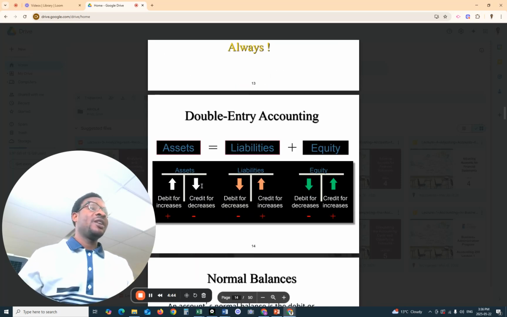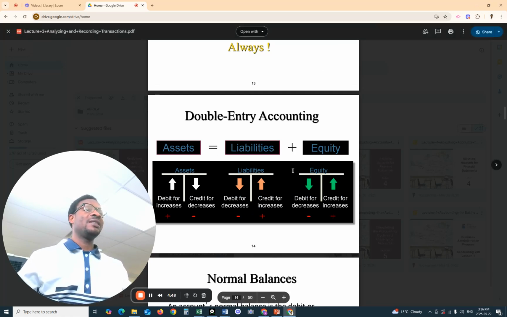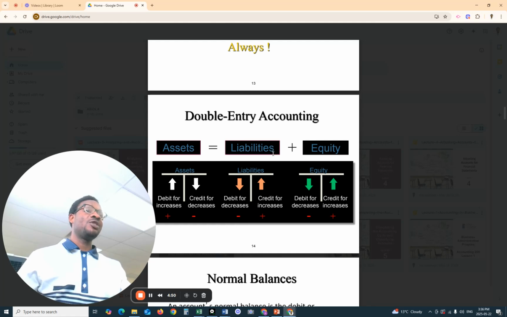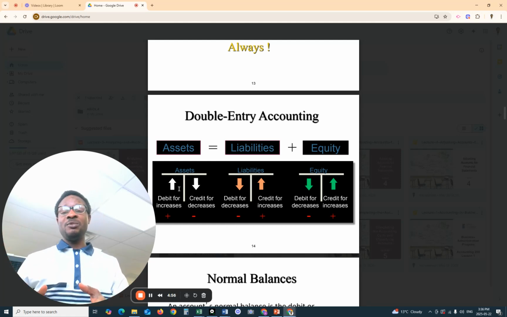Now, double entry accounting. Assets are equal to liabilities plus equity, as has been said in the accounting equation. Asset normally has a debit balance, so when it increases, it will be recorded in the debit side.